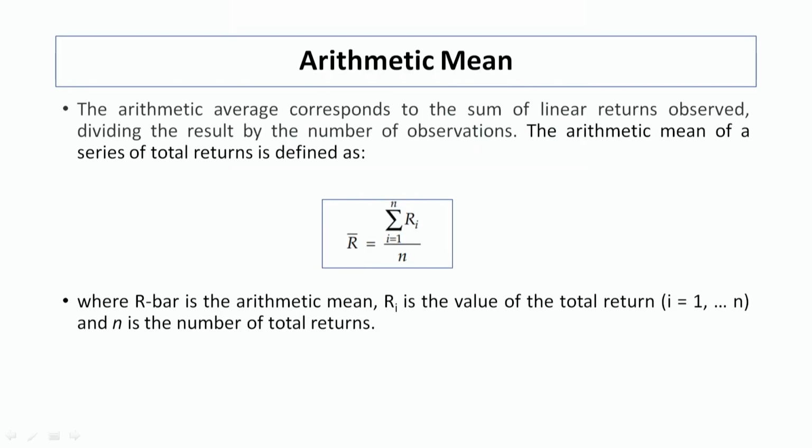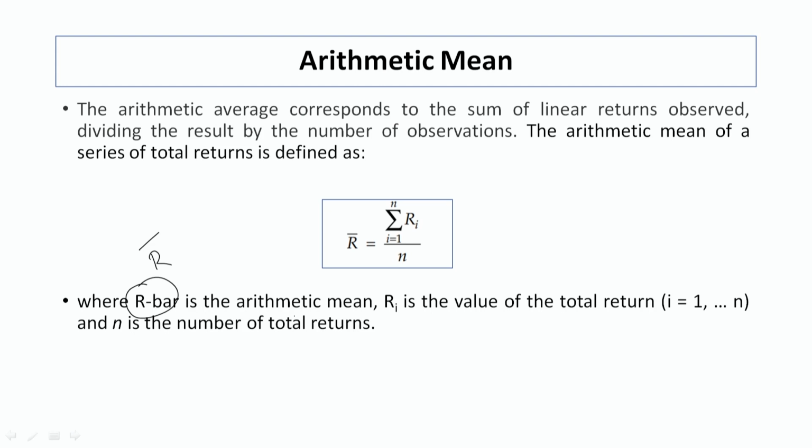Now, what is arithmetic mean? Arithmetic mean or arithmetic average corresponds to a sum of linear returns observed, dividing the result by the number of observations. So, we can see that it is the summation of Ri divided by n in simple terms. We represent this with R bar, where R bar is the arithmetic mean.